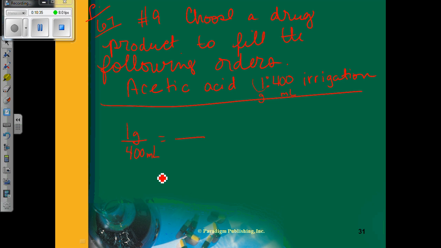And we know by our choices that we're looking for a percentage. With percentages, remember, always have the 100 milliliters underneath. So we're going to cross multiply. Whatever you multiply the x by always goes on the bottom. So x times 400 is 400x. 100 times 1 is 100. If you take 100 and divide it by 400, you should come up with 0.25%.